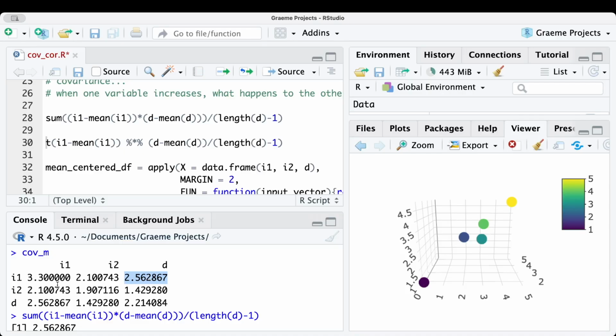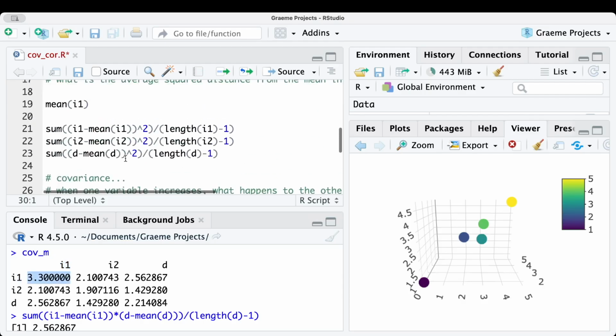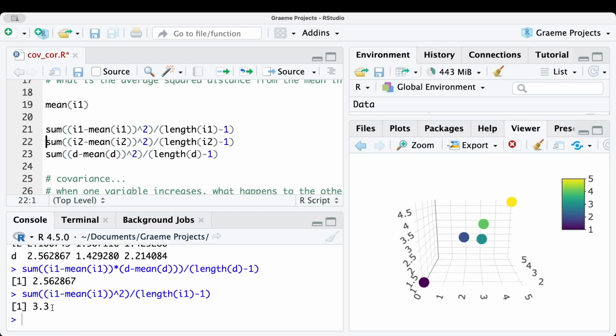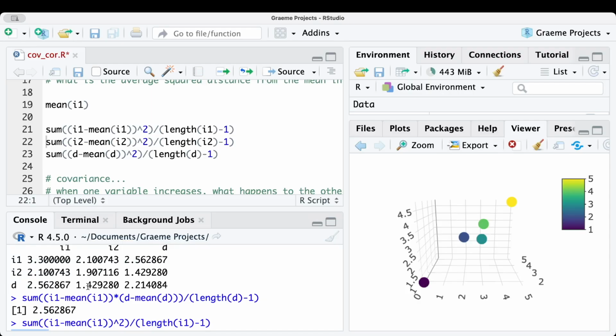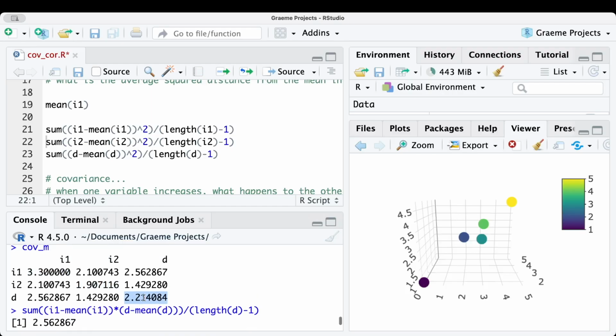And so you may notice that this diagonal kind of implies that there's a covariance between I1 and I1, and that's going to be 3.3. But we've already calculated that. The covariance between I1 and I1 is just the variance for I1. And so we can look again at that and see it's also 3.3. So the main diagonal of this covariance matrix is just the variance for each of our variables here.